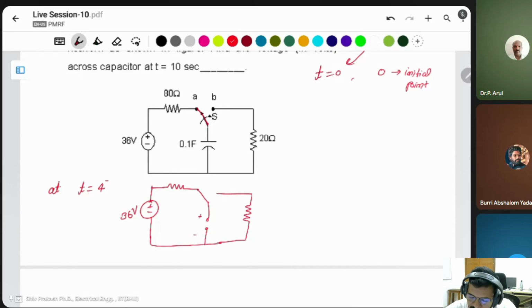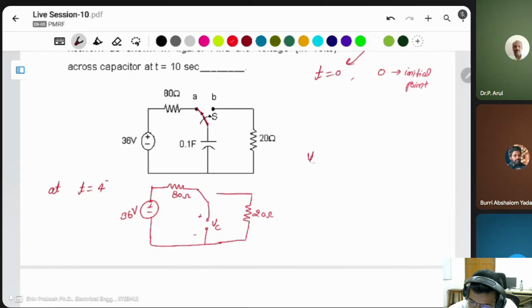You have to find this voltage VC. This is the 80 ohm, this is a 20 ohm resistor. In this case, the circuit is open, so the total voltage appears on the capacitor.